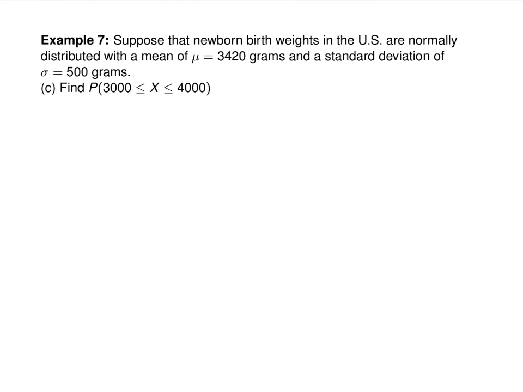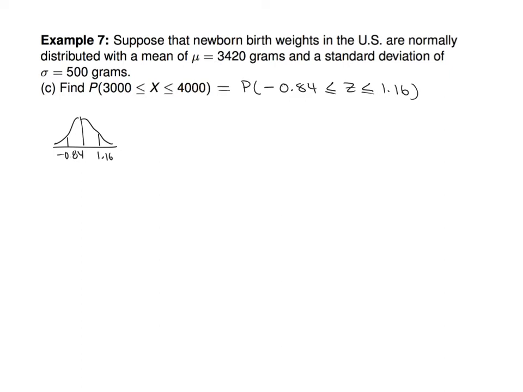Okay, this is asking what's the chances a baby's weight is in between 3,000 grams and 4,000 grams. Well, we already did the work. That's the probability that z is in between negative 0.84 and 1.16. If you draw a picture, you'll make fewer mistakes. So there's 1.16, there's negative 0.84.